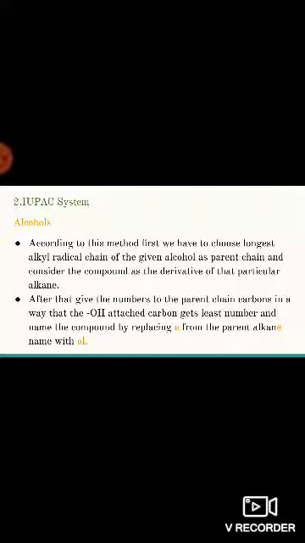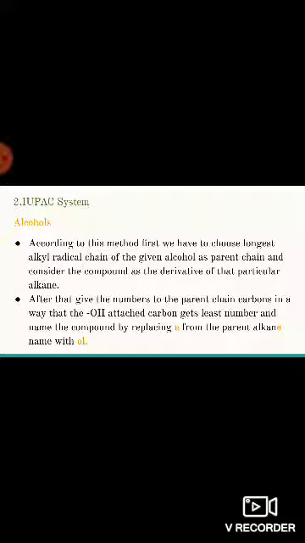Then we get the corresponding hydroxy compound name. That is, by replacing E from the alkane and adding the OL suffix, we get the name of the hydroxy compound as alkanol. So, according to IUPAC nomenclature, alcohols are aliphatic hydroxy compounds named as alkanols.